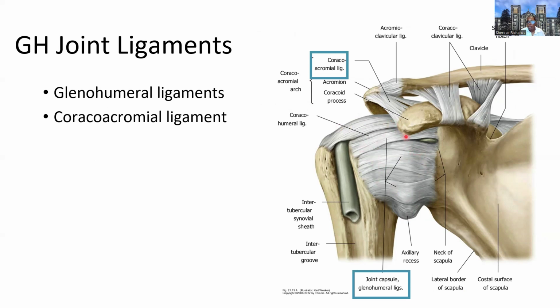And then the coracoacromial ligament, which is between the coracoid process and the acromion. Again, that is very different from the other two that we described, the acromioclavicular and the coracoclavicular. So acromioclavicular and coracoclavicular help to anchor the acromioclavicular joint, whereas the coracoacromial and the glenohumeral help to anchor the glenohumeral ligament or joint.